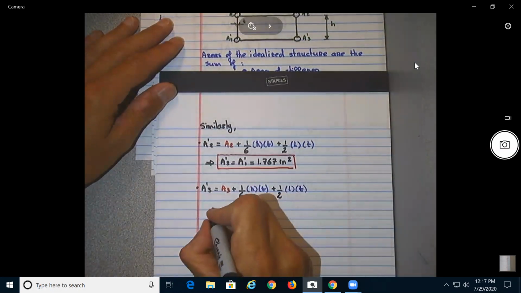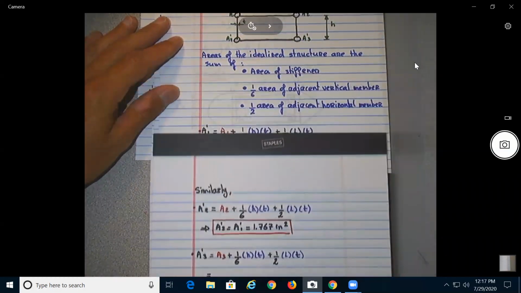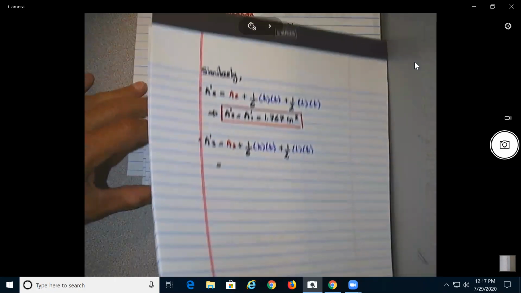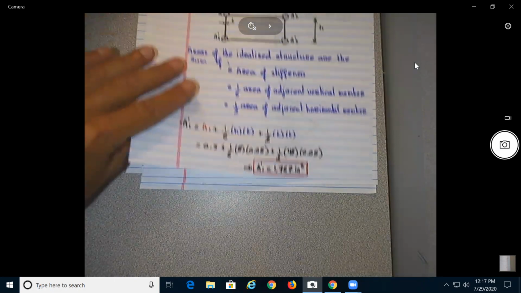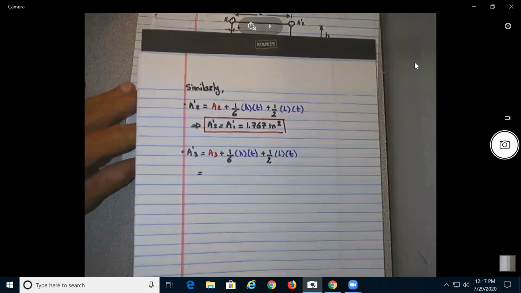But this time, what is A3? A3 was equal to 0.75 inches squared, so it's the same as before. You just need to add 0.25.